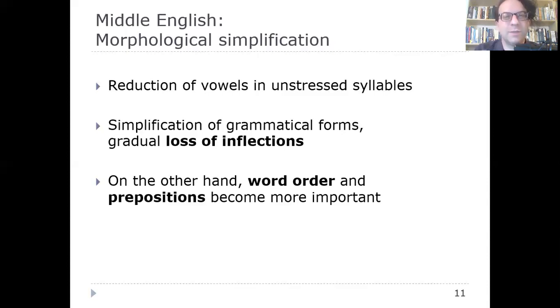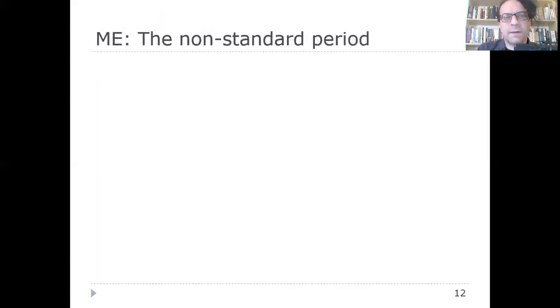Then you need to signal it differently. You need to signal via the word order who is the recipient and what the object is that's being given. Okay, but that's just a little point of illustration that I just came up with here. Okay, Middle English has been called the non-standard period, as I already said in the first video.